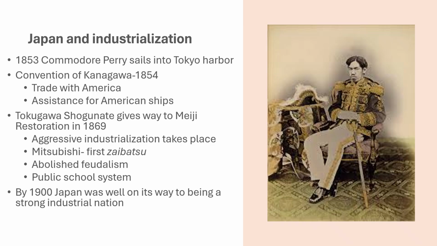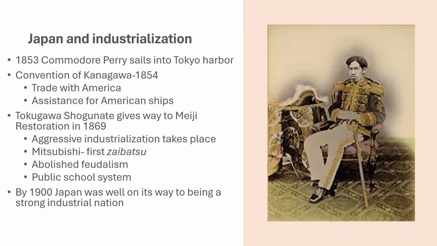So they abolish feudalism under the Meiji Restoration and replace all of the domains of the samurai, or the shoguns and the samurai, and all of those old elite castes of people in Japan, with prefectures. And those prefectures are still in existence today in Japan.